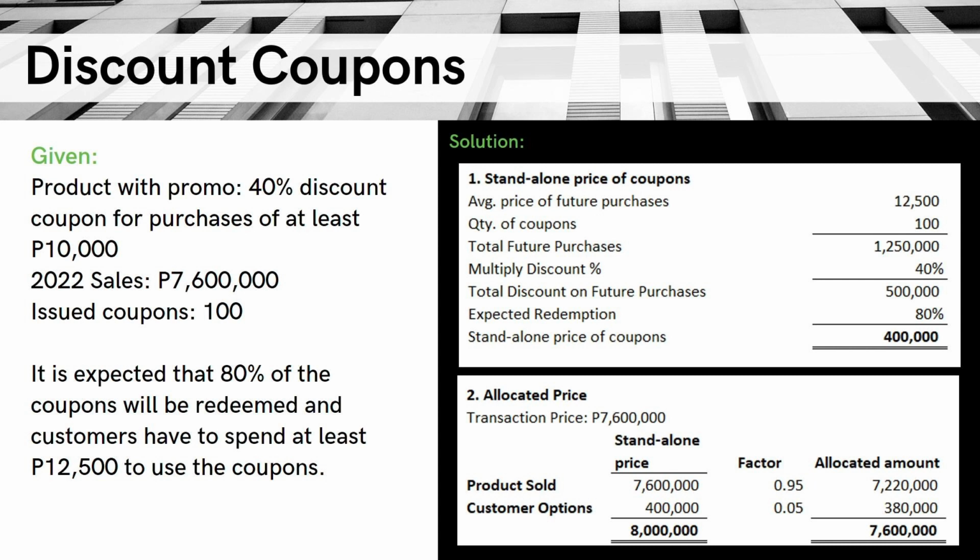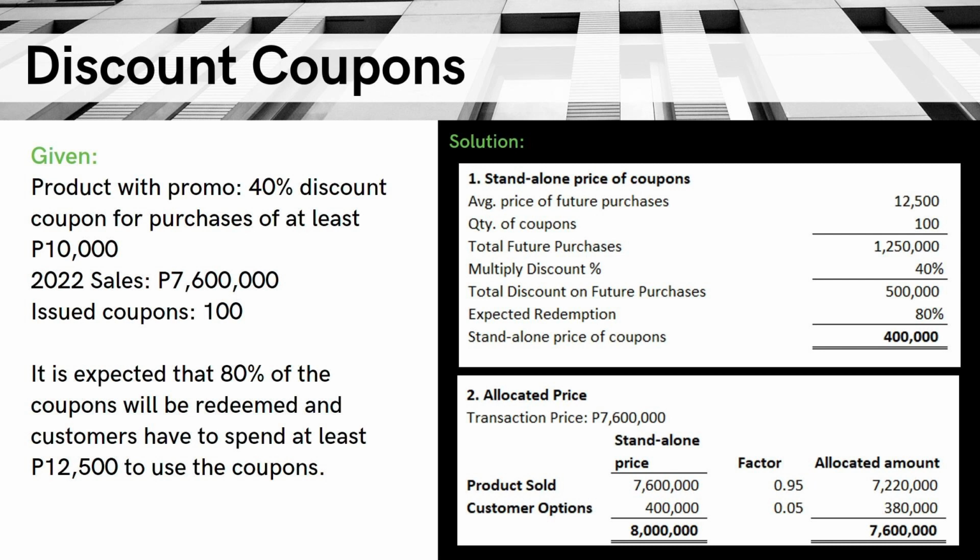So, 7,600,000 plus 400,000, total is 8 million. So, the next step is to compute for the factor, 7,600,000 divided by 8 million, that is 0.95. And then, the customer option, 400,000 divided by 8 million, that is 0.05 or 5%.